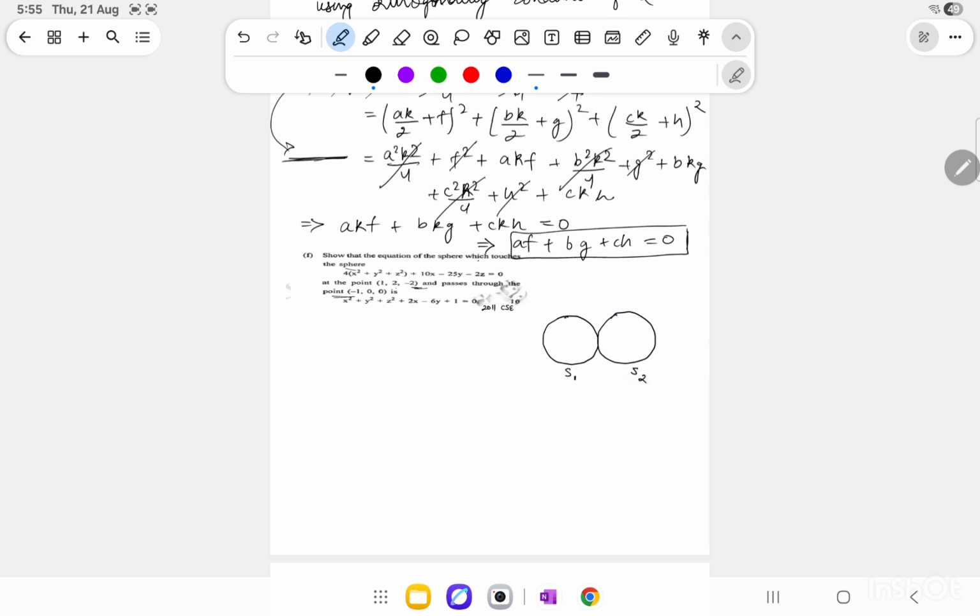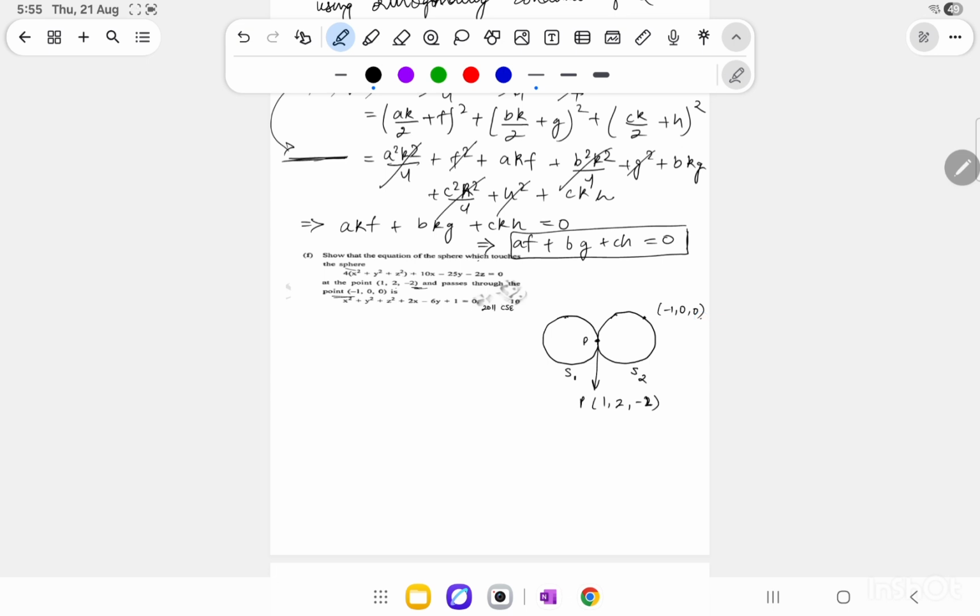Spheres S1 and S2 touch each other at a point, let's say P. So my point P is (1, 2, -2). So the question says to show that the equation of the sphere which touches this sphere at this point and passes through this point, it is passing via (-1, 0, 0), is this.